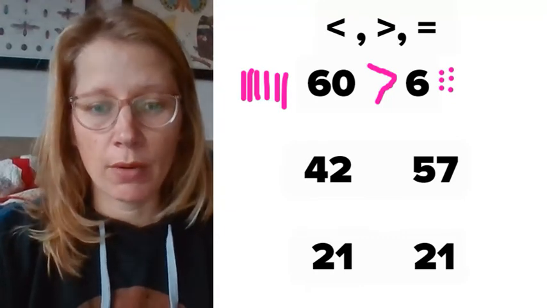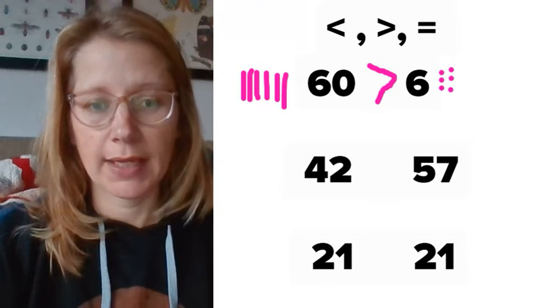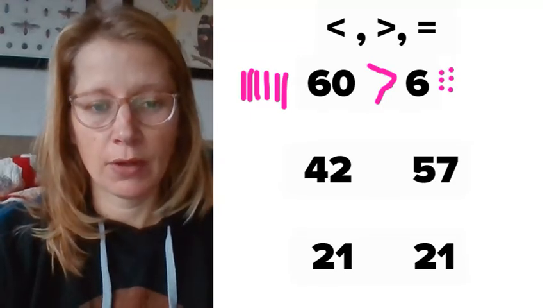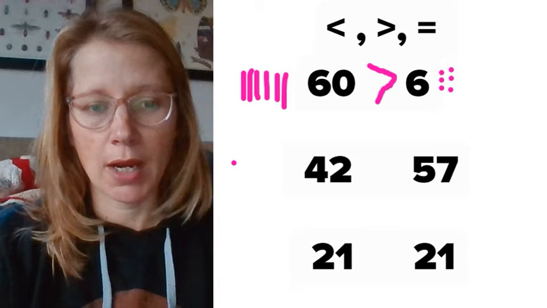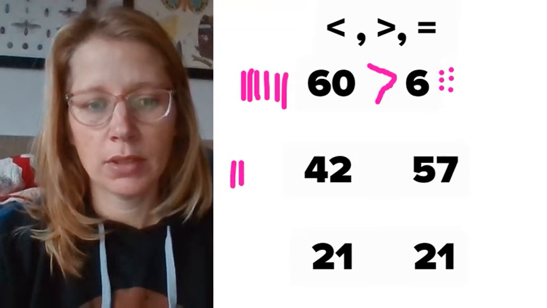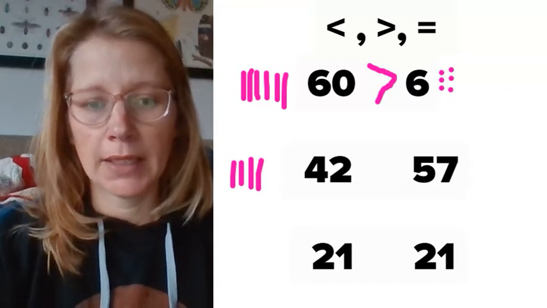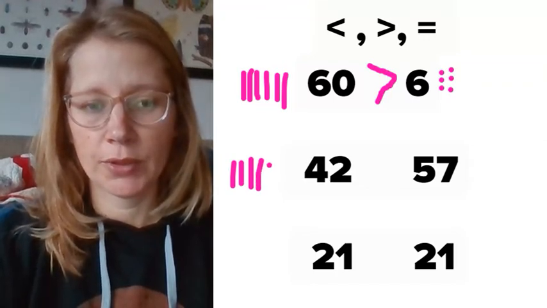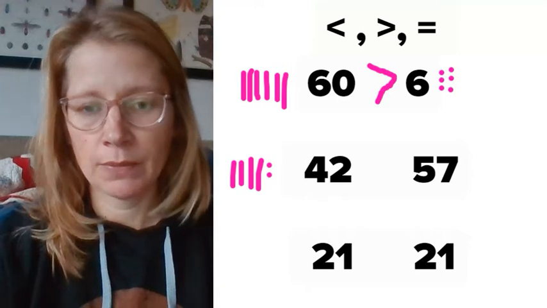Okay, let's go down to number 42 and 57. Well, what we already know about 42 is that there is a 4 in my tens place. So I'm going to draw 4 sets of 10, or 4 rods. 1, 2, 3, and 4. And in my ones place, I have a 2, so I'm just going to draw my 2 dots to represent my 2.